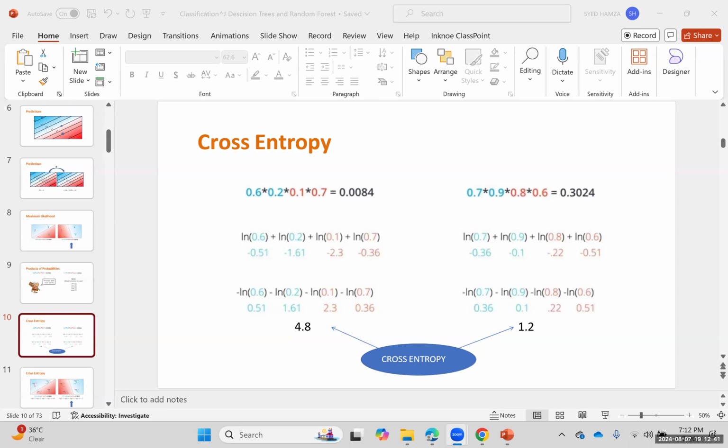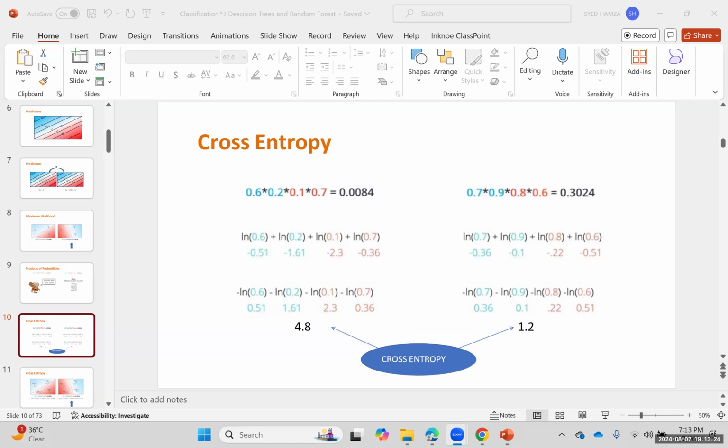Based on sigmoid values, we got negative log product of sigmoids and sigmoid value. Then after negative log, we added on the error in each point. Finally, we calculated the cross entropy.